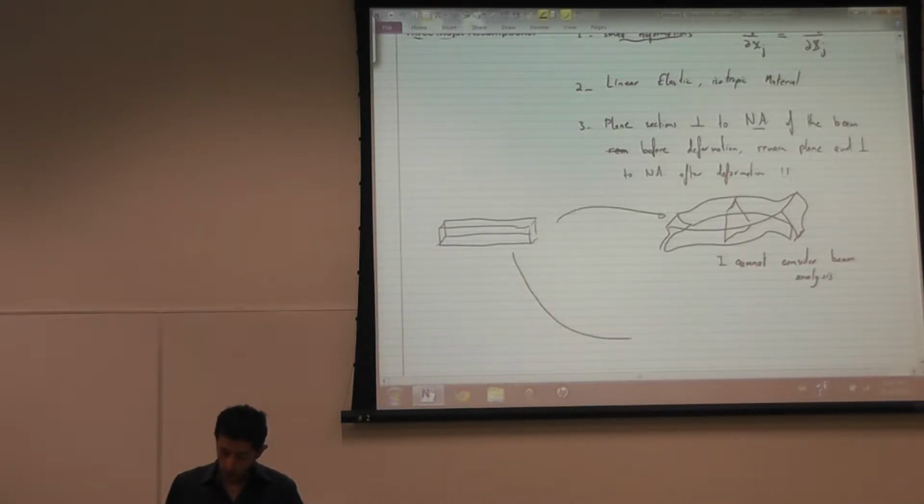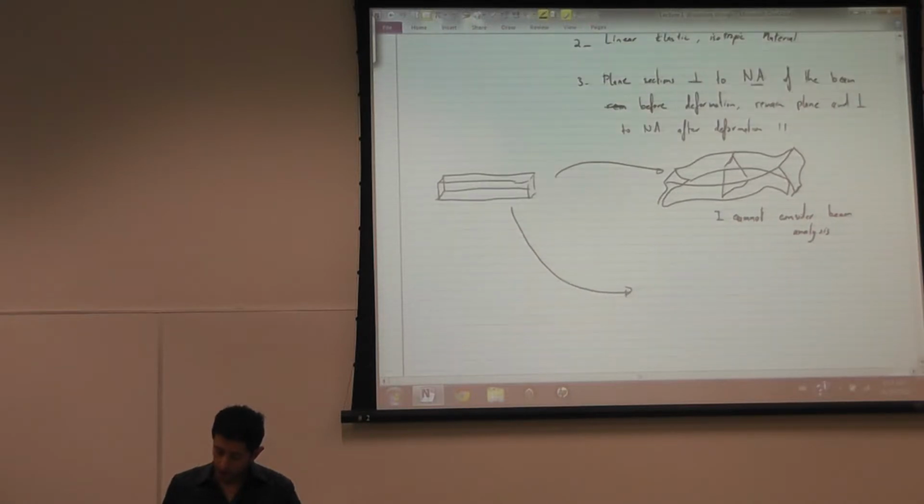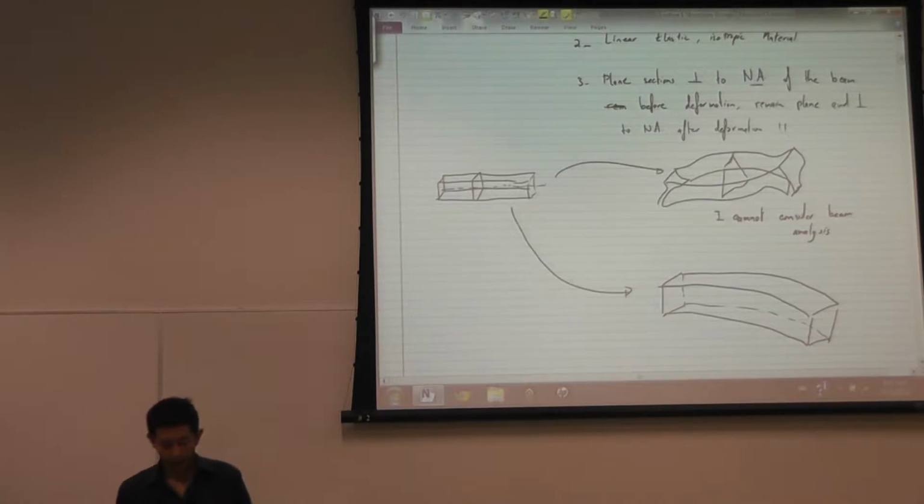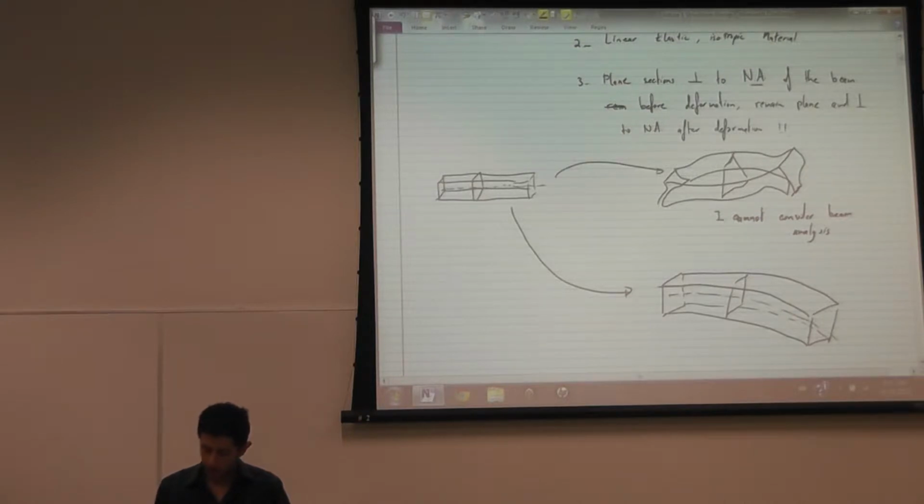I can only consider beam analysis if, as the object deforms, plane sections that are perpendicular to the axis of the beam after deformation stay plane and stay perpendicular to the axis.